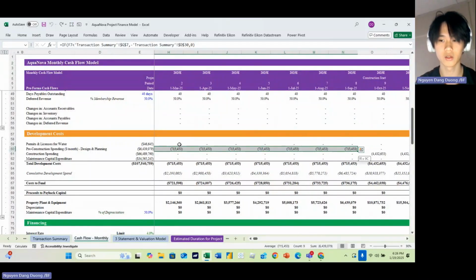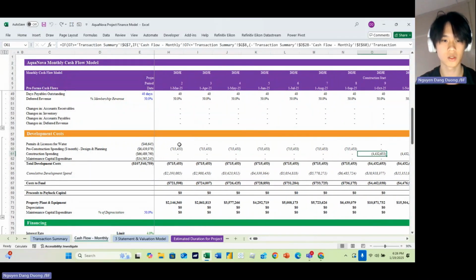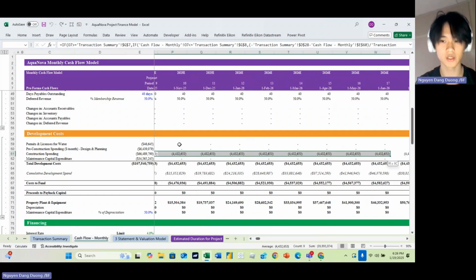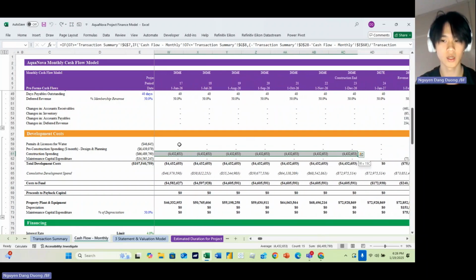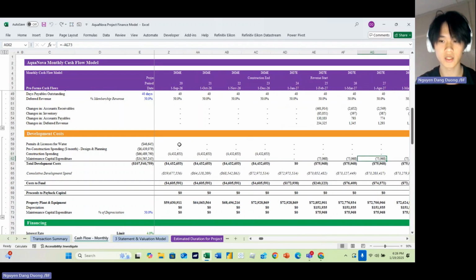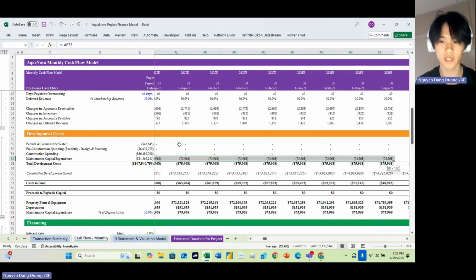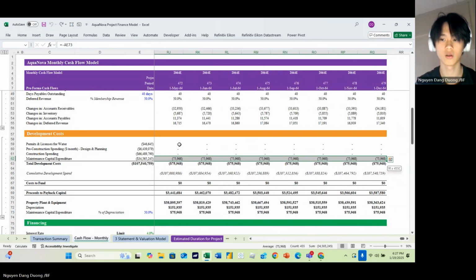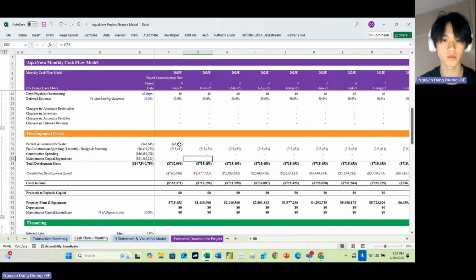It also can be toggled. And the remaining balance we keep in our construction spending. After that we need to maintain the floating platform. Therefore, we have our maintenance capital expenditure running for 40 years over here.